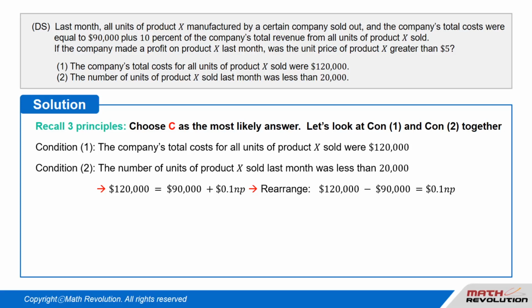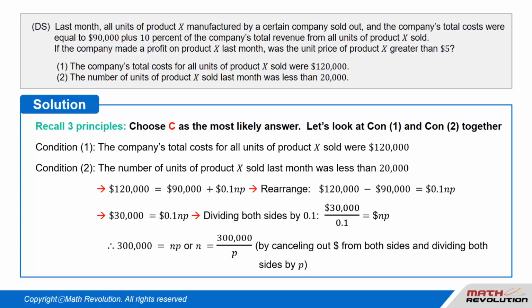This gives us $120,000 equals $90,000 plus $0.1 times N times P, which rearranges to give us $120,000 minus $90,000 equals $0.1 times N times P, or $30,000 equals 0.1 times N times P. Dividing both sides by 0.1, we get $30,000 over 0.1 equals dollar amount N times P, which gives us 300,000 equals N times P, or N equals 300,000 over P, by canceling out the dollar sign from both sides and dividing both sides by P.